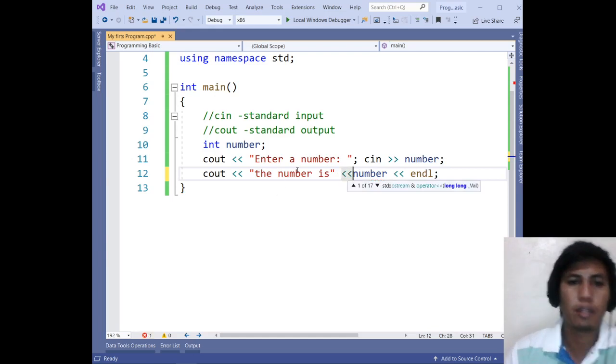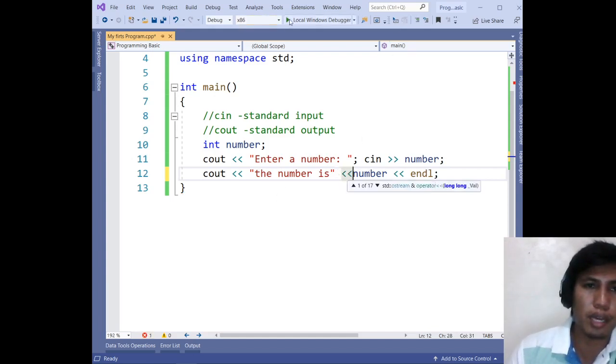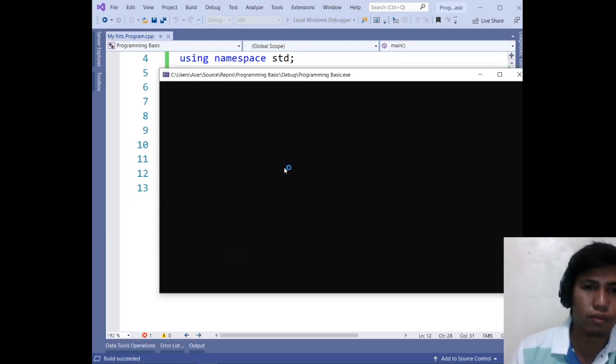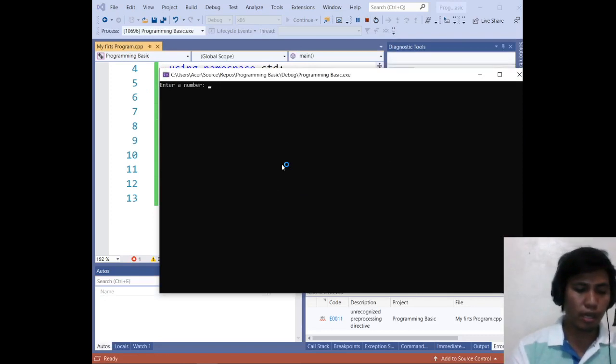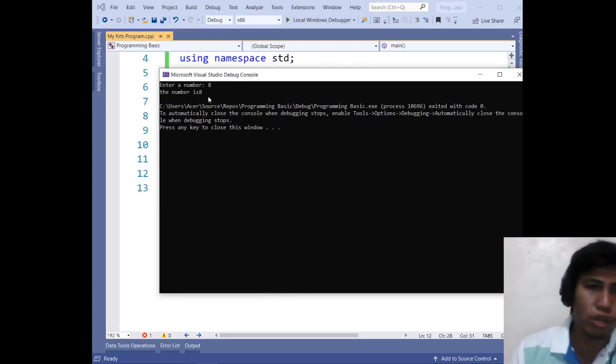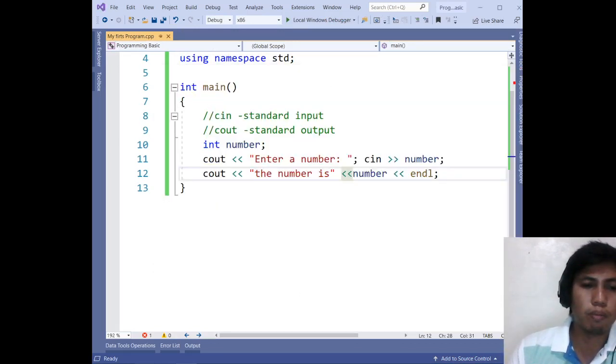So, the number is, we output the number. Okay. So, let's try. Enter a number. Let's say 8. So, the number is 8, as you can see in here. Okay. And that's it for basic programming.